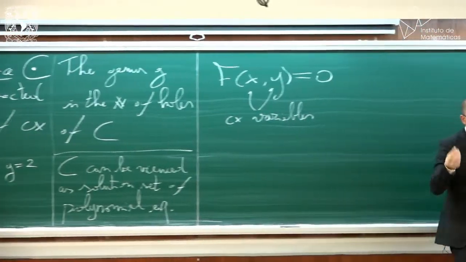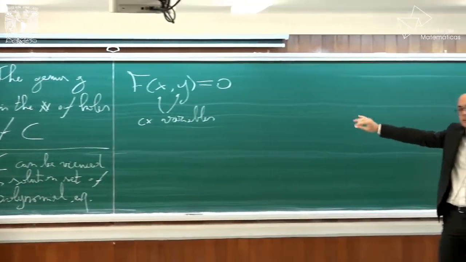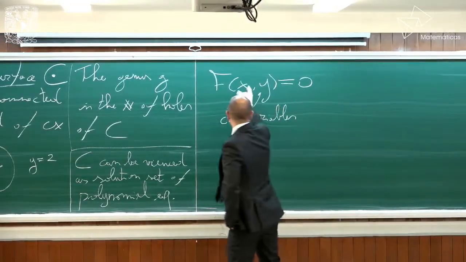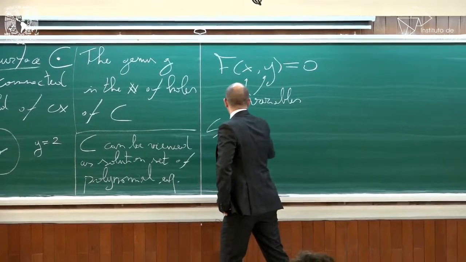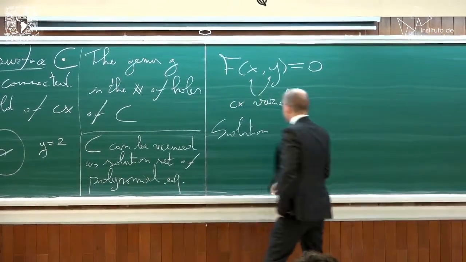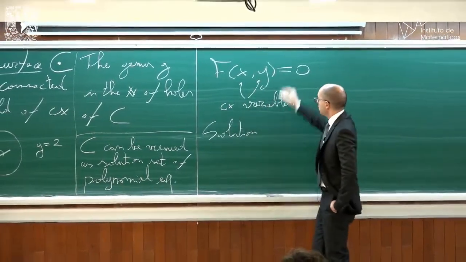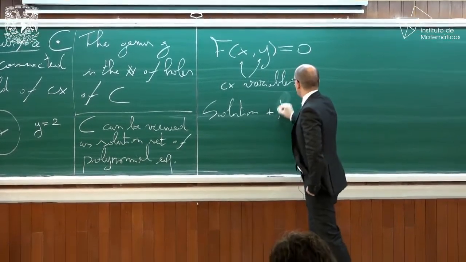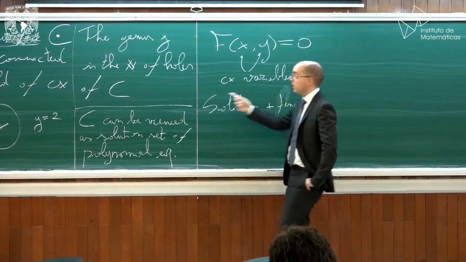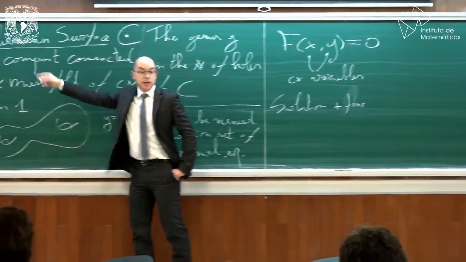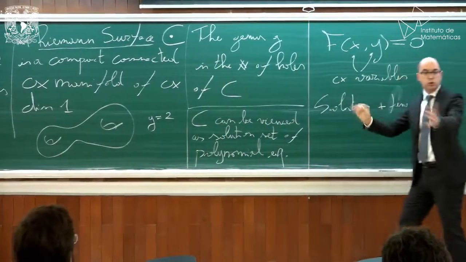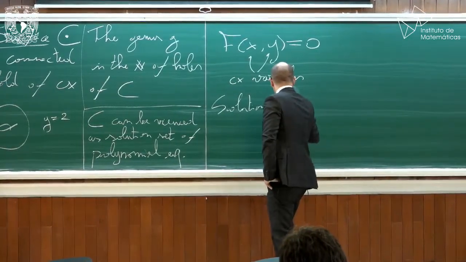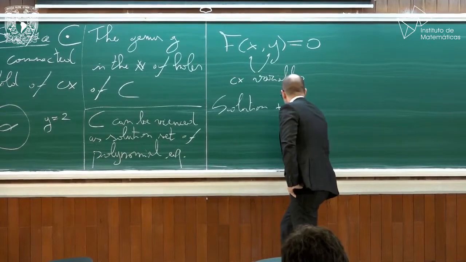You think about the curve C as being the solution set of this equation plus a finite number of points at infinity. You want to compactify, so that our surface is a compact manifold. If you just take the solutions, you also need to add the points at infinity, and there will be a finite number of them.